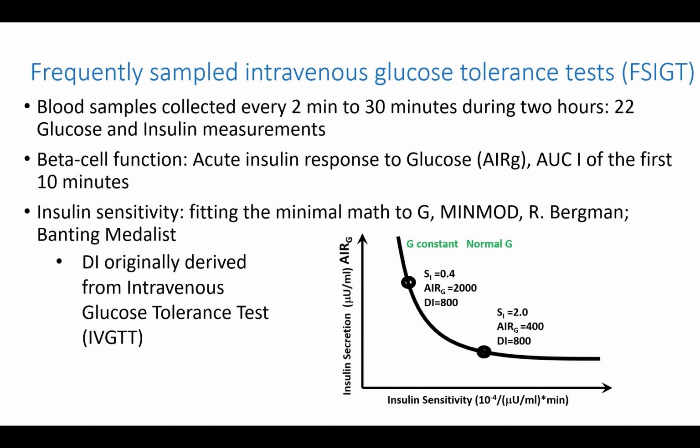Insulin sensitivity decreases to 0.4 and beta cell function increases to 2000. The product is the same, so normal glucose is maintained. But DI decreases when SI decreases, or beta cell function decreases, or both. Then glucose increases, and the person becomes high risk to develop diabetes.